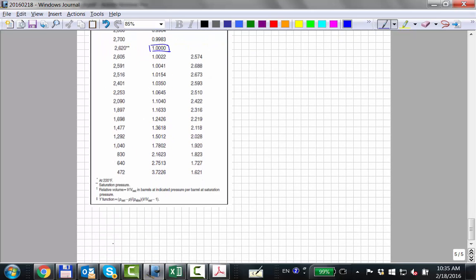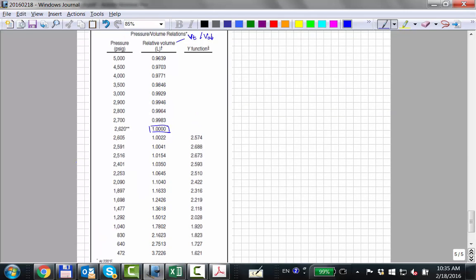Okay, and the Y function is defined down here. Basically, we don't use the Y function anymore. Its purpose: when they try to bring the system to equilibrium, where the gas and oil come to equilibrium, if they don't wait long enough, don't really bring it to equilibrium, then the volume they get at that pressure really won't be an equilibrium volume.